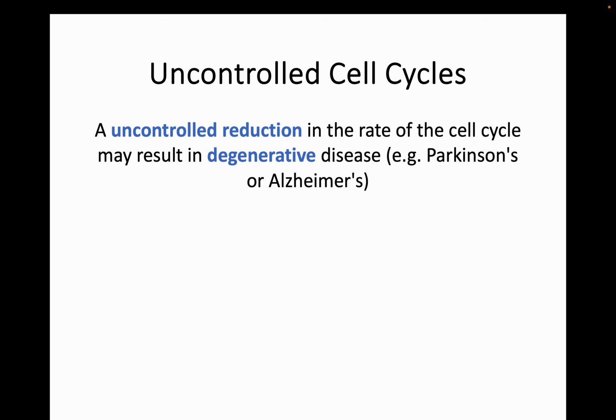Now, as we talked about before, it is an issue if your cell cycle is not being controlled, if it's unregulated, and you do need to know examples of these. So this is something we've touched on before, maybe a couple extra bits as well.